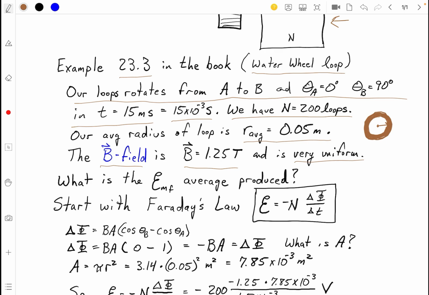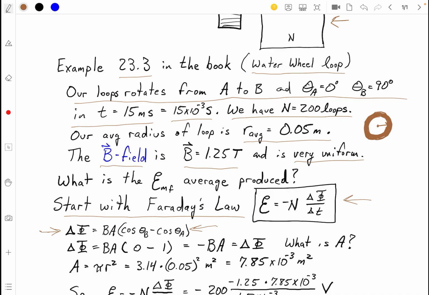Well, we're going to start again with Faraday's law. Very important. And we're going to figure out what our magnetic flux is. The area isn't changing. Only the angle is changing. So the magnetic field isn't changing. So we're going to use this right here and figure out what's happening.